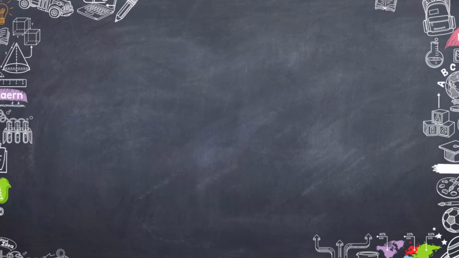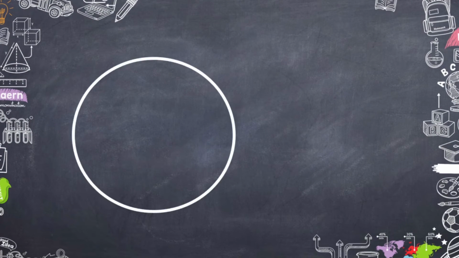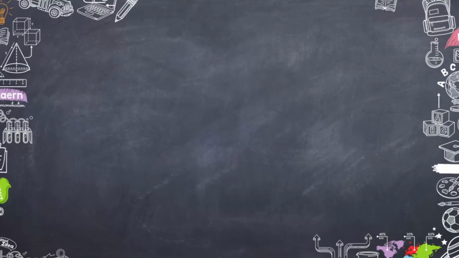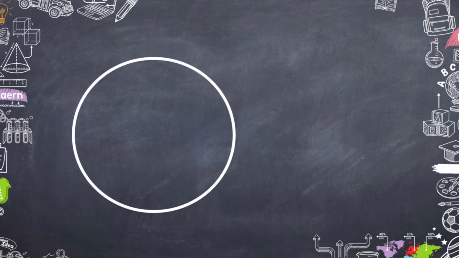So first, this circle, we call it the circumference. Next, as you can see, there's a dot at the middle of the circle.